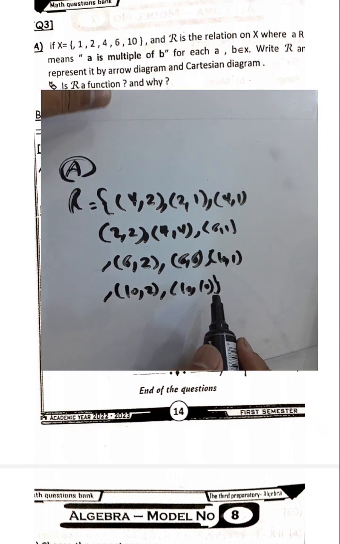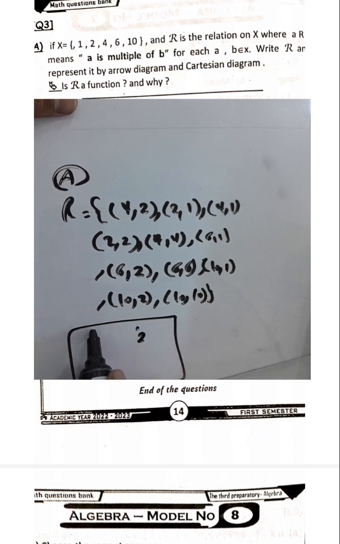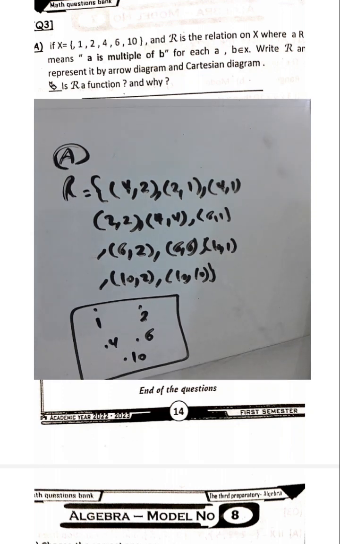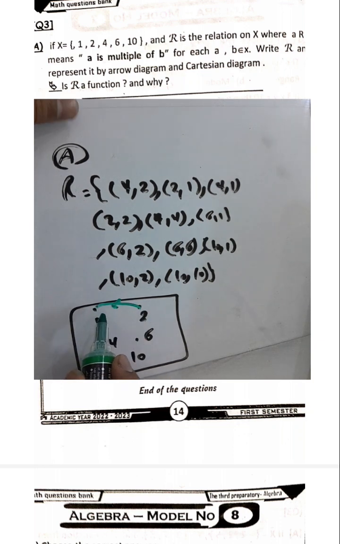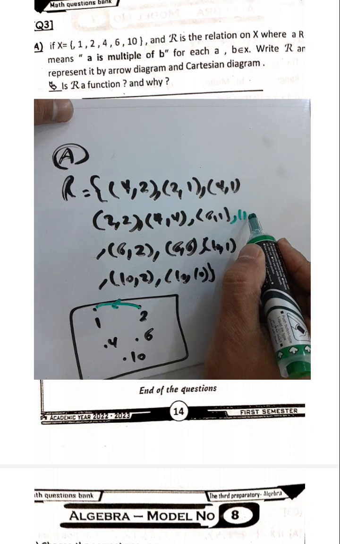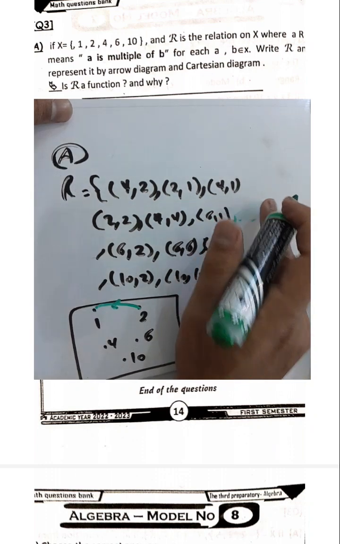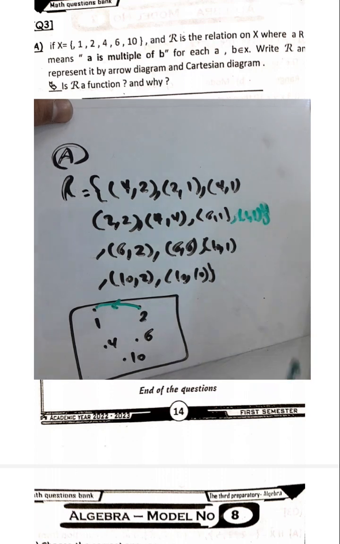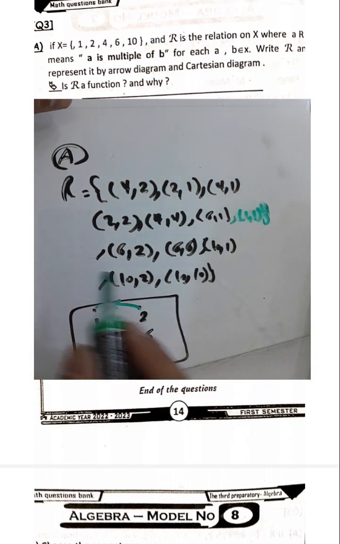Okay, you can draw a diagram, an arrow diagram. It's not a function. Okay, we have all the numbers 1, 2, 4, 6 and 10, and then you can draw the arrow here from 1 to all numbers. 2 can be divided by 1, 1 can be divided by 1. We have 1 and 1, because 1 is a multiple of itself, meaning 1 can be divided by itself, and 4 can be divided by itself, 2 divided by itself.